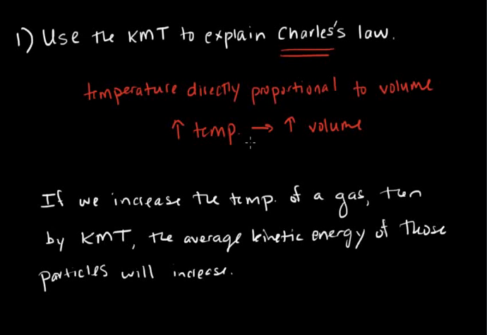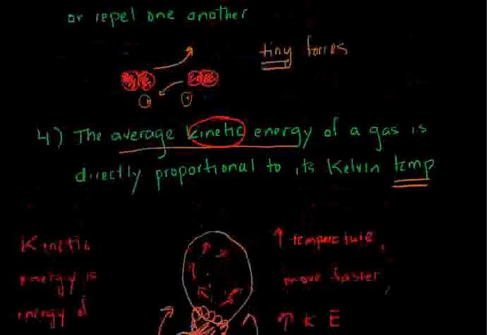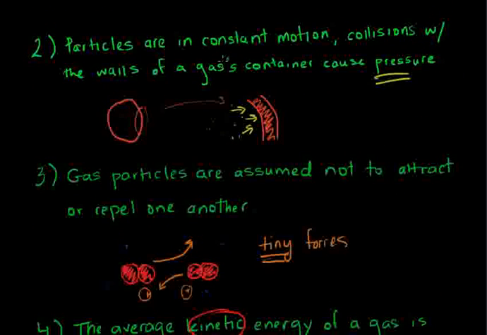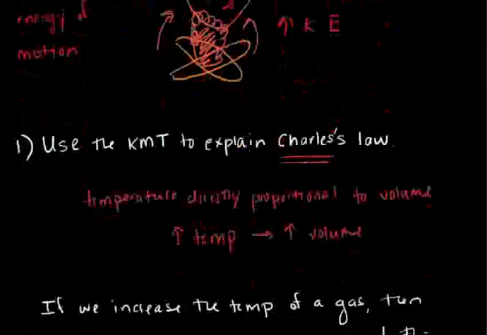Okay, so now we need to find a way of relating temperature directly to volume. Well, let's take a look at another one of the tenets of the KMT. Number 2 says that particles are in constant motion and collisions with the walls of a gaseous container cause pressure. So they exert force on the container.